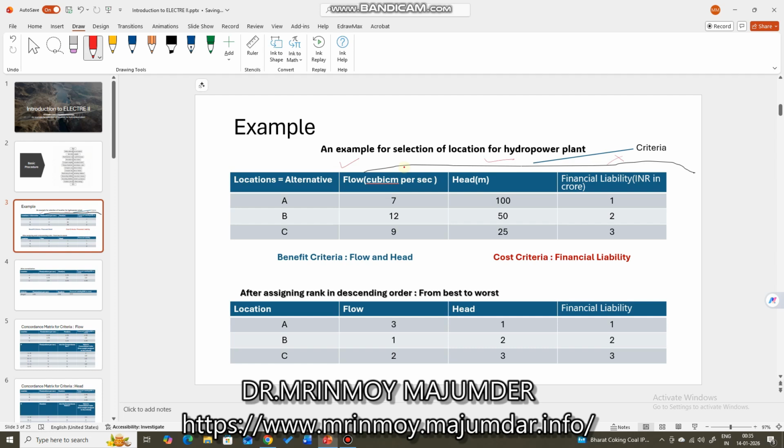So for head also, we have assigned the first rank to the location with the highest head, that means this one, followed by this one, and lastly this one, which has the minimum head among all these three locations.